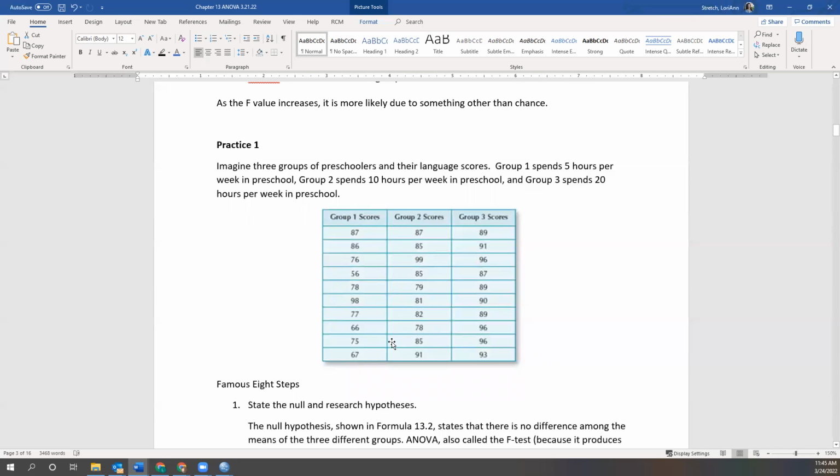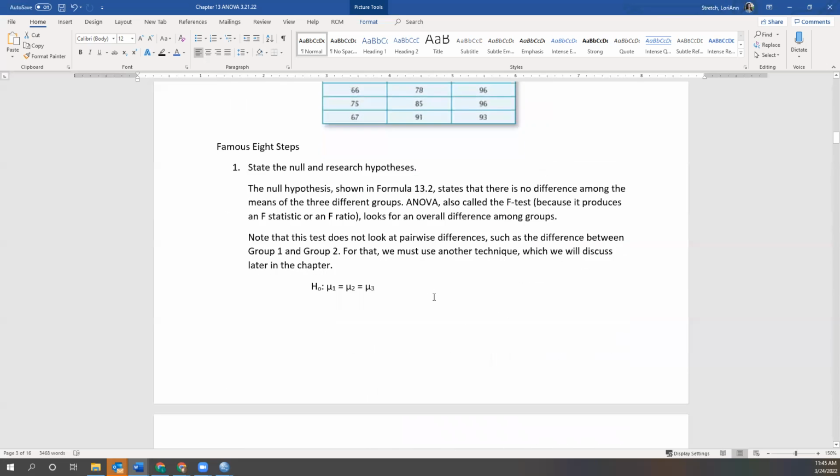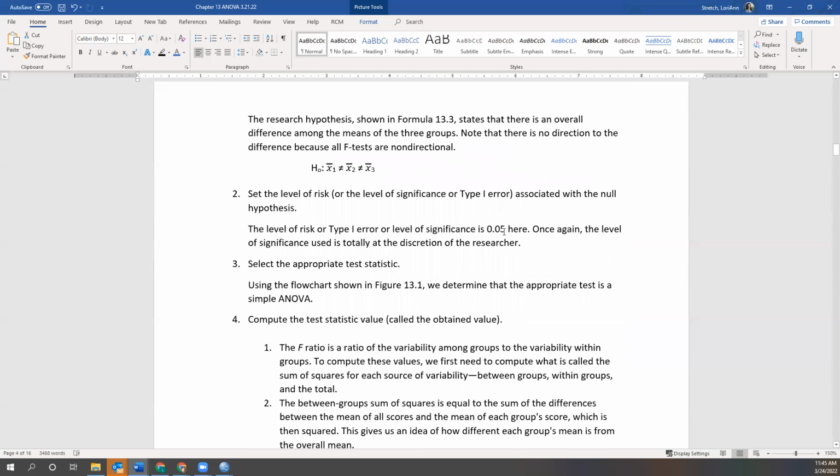So I would say in words, there is no difference in language scores of preschoolers who spend 5, 10, or 20 hours a week in preschool. I'm going to have a 0.05 significance level.